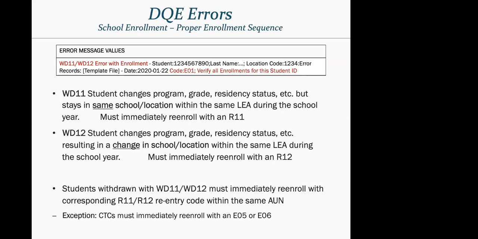It must be followed by an R11, because the R11 is now indicating what that change is at this point. WD12 is for any changes that occur in another building. You have now changed buildings, and they must be followed by an R12. CTEs use EO5 and EO6 rather than the EO1.